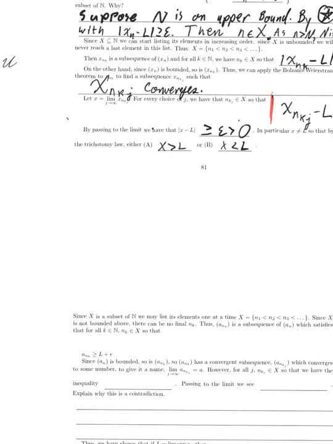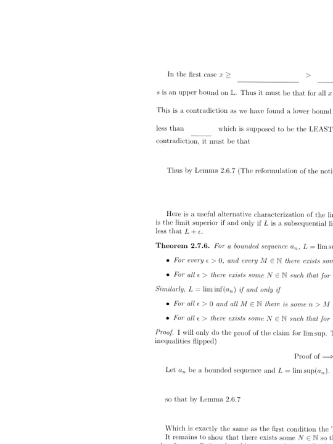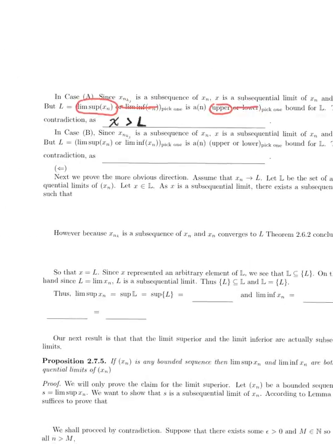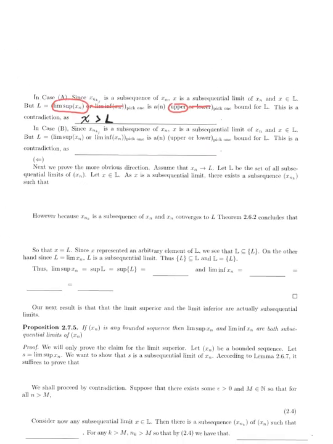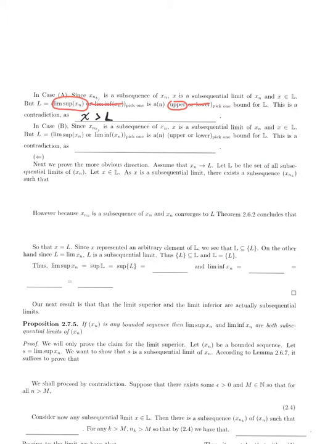In case A, x is bigger than L. Let's check that that is actually a contradiction. L is the limit superior, so it's an upper bound for the set blackboard bold L. But x is in the set blackboard bold L, and x is bigger than L. So L is not actually an upper bound.